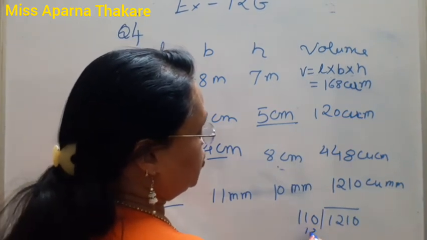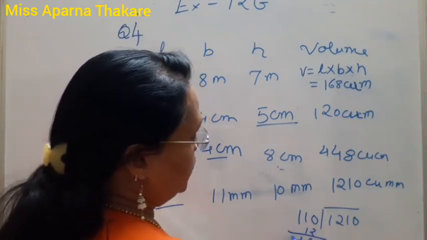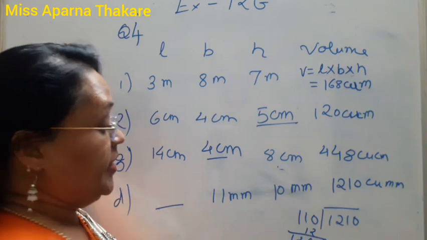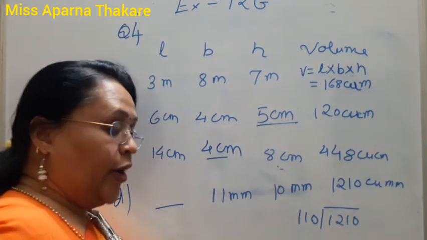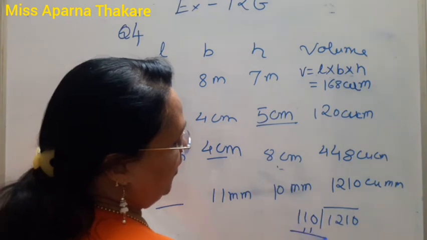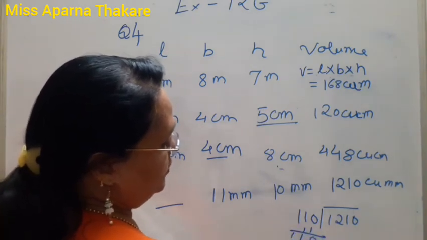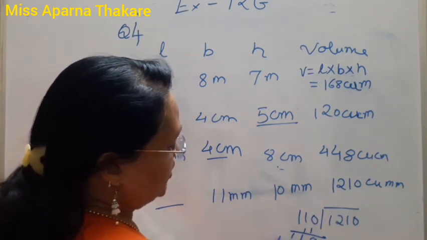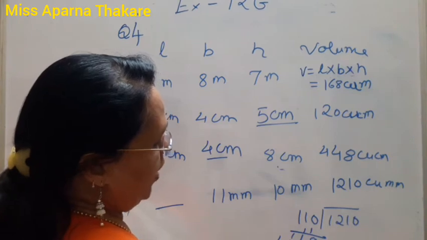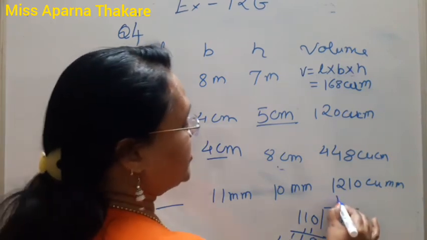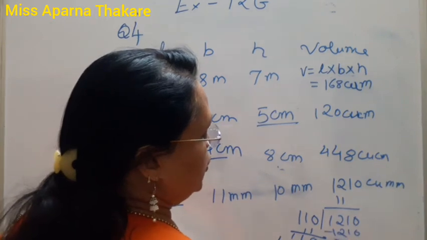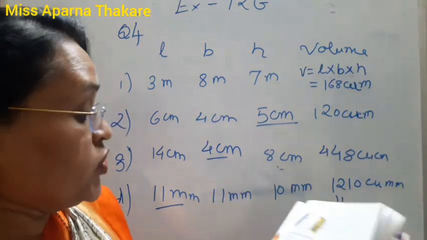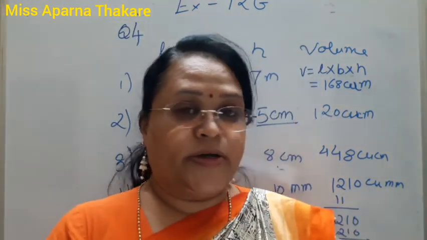So it is 12, we can divide, and again we can divide it by 11. 1 ones are 1, 1 ones are 1. Then it will be 0, then 1 ones are 1 and 1 ones are 1. It is 0, 1, 2, 1. It means it is 11. So this is the 11 millimeter. Got it?